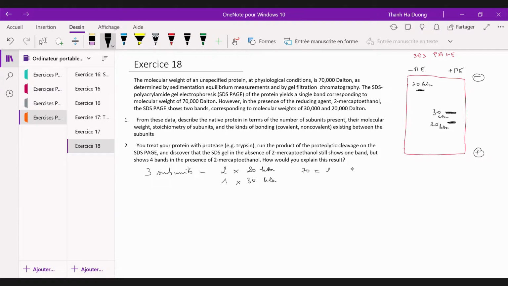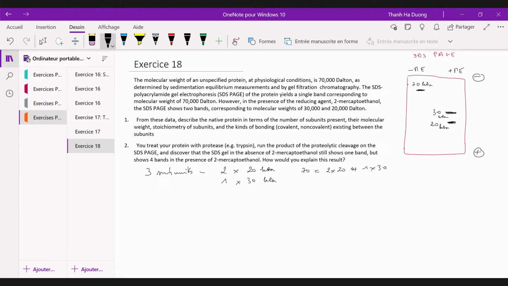It's okay for everyone. So we have 2 subunits with a molecular mass of 20 kilodaltons and 1 subunit with a molecular mass of 30 kilodaltons.